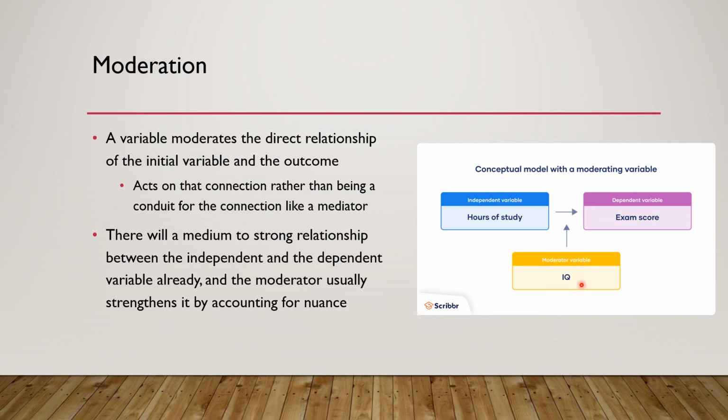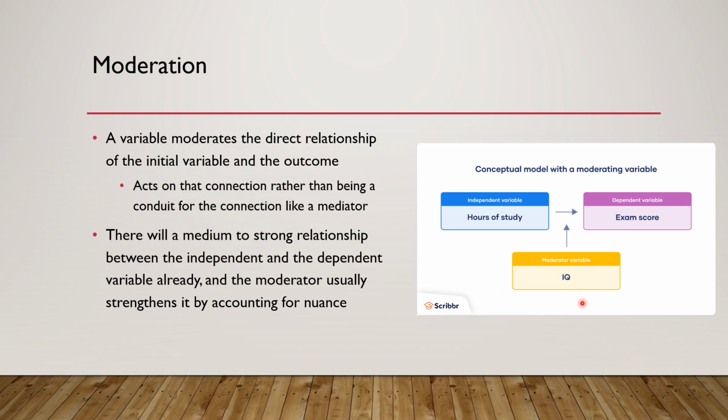And the IQ here would essentially act as a further explainer that would help us see the nuance in the data between this connection. I find this particularly useful when it's that medium connection where there's some connection, but it's not super clear. By including the moderator variable, it helps explain more than if I don't include it.